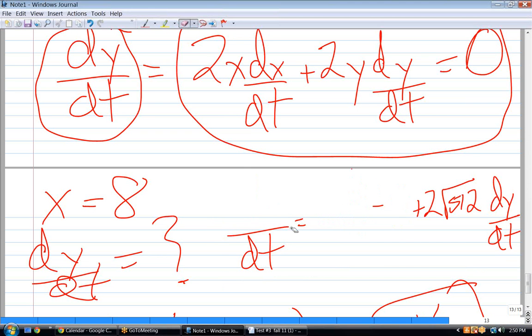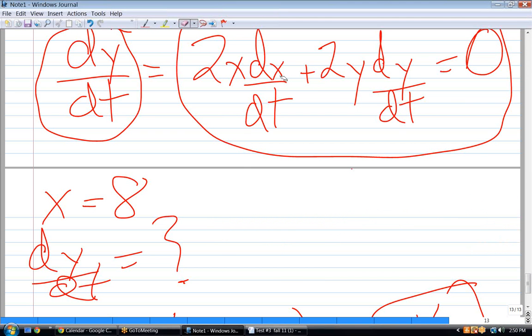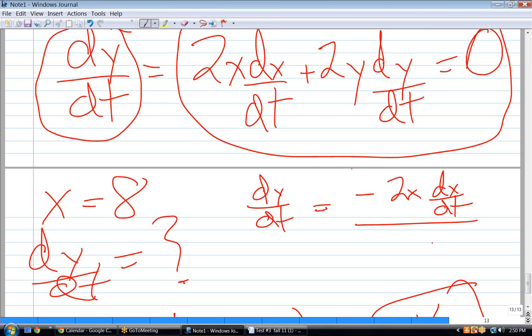Let's go back to this step. If this equals 0, then dy/dt is equal to minus 2x dx/dt divided by 2y.